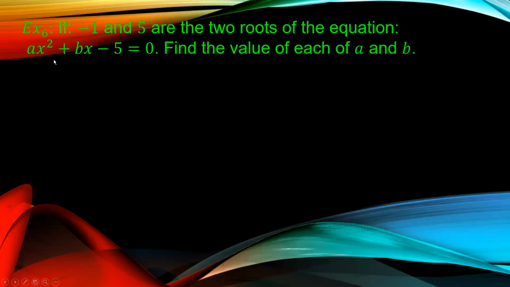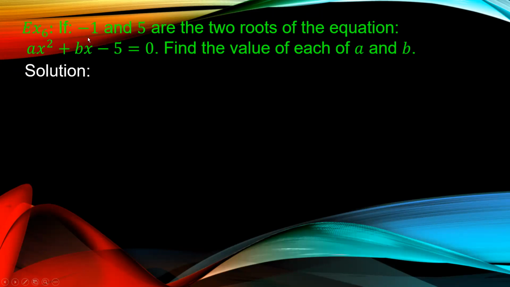Example 6: if negative 1 and 5 are the two roots of the equation ax power 2 plus bx minus 5 equals 0, find the value of each of a and b. Here I have the two roots of this equation. The two roots mean the values of x.